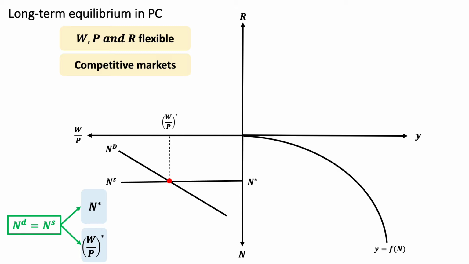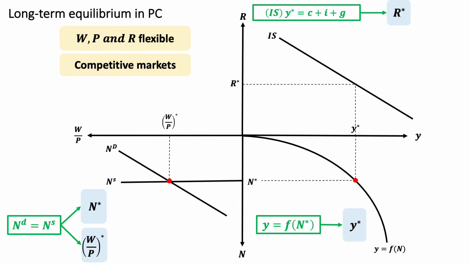From N star, using the production function, we calculate the level of production Y star. Then we go up into the plane YR, and using Y star, we calculate R star by equalizing supply and demand on the goods markets.